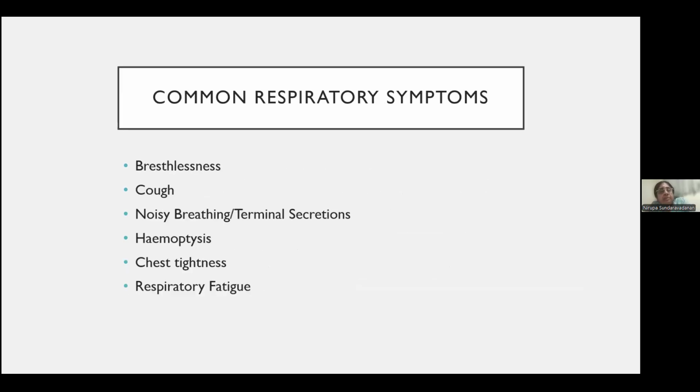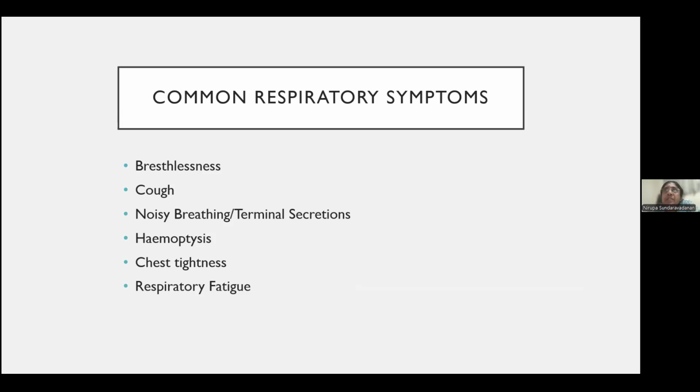What are the common respiratory symptoms that we see in palliative care? Most common, of course, is breathlessness. Along with the breathlessness, there can be an associated cough. This cough may be a dry cough or it may be a productive cough, as we know. Then at end of life, we see noisy breathing or terminal secretions, the death rattle, that bubbly sound in the chest.